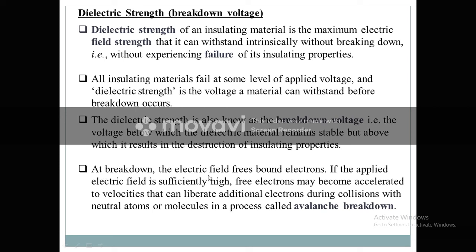At breakdown, the electric field frees bound electrons. If the applied electric field is sufficiently high, free electrons may become accelerated to velocities that can liberate additional electrons during collision with neutral atoms or molecules, in a process called avalanche breakdown.